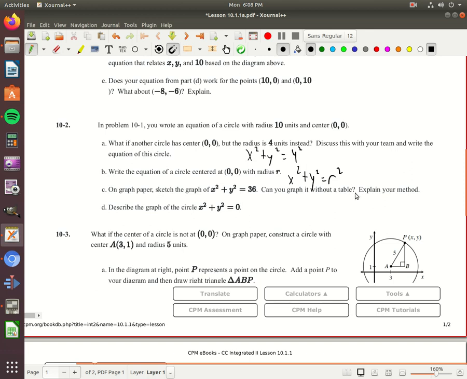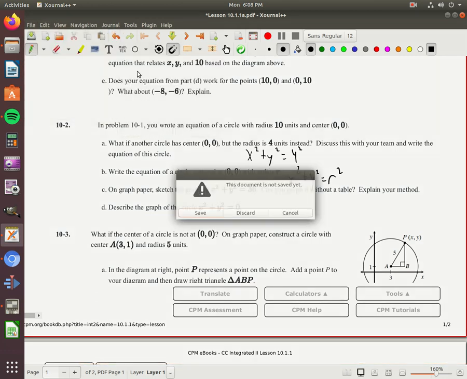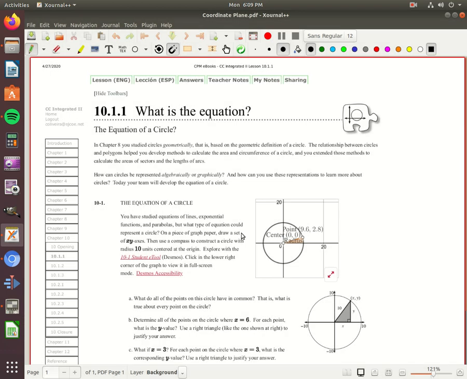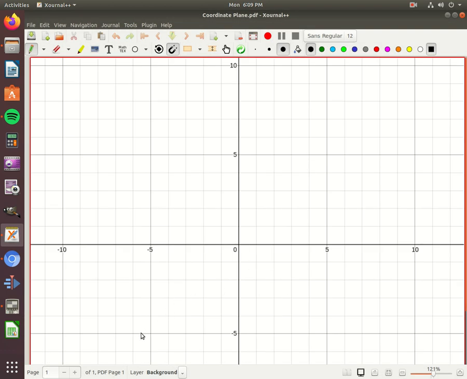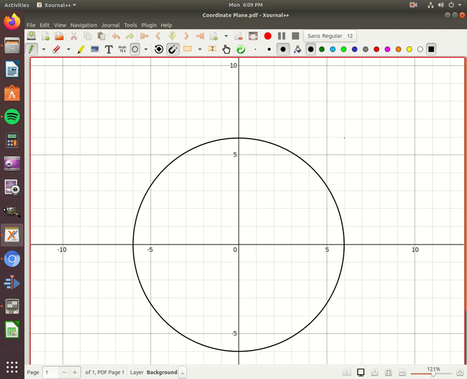Can you graph it without a table? Explain your method. Well, yeah, I think if we go back over here, I don't know if I want to open this. This is going to be a pain. It's probably not going to work. We were at -6, -6. Oh, I need to change this to a circle. Oh, there we go.